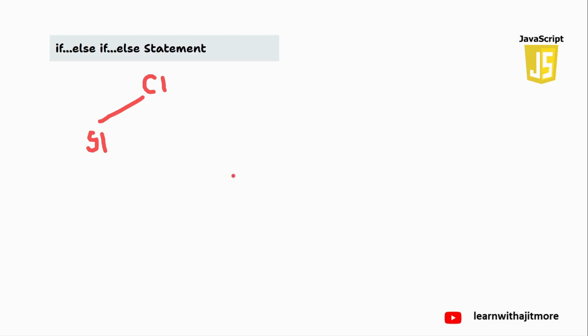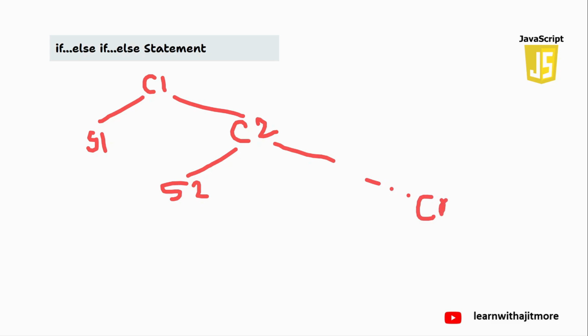But my blocks are not two, there are multiple blocks. So I need a provision of checking: if condition one is true, one block, but if false, I should be able to check the second condition. If true, second block. But if false, another condition. This way, I should be able to go on checking till the nth condition. If that nth condition is true, statement n. But if this nth condition is also false, then finally the last statement, n plus 1.